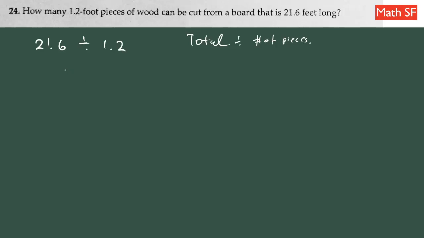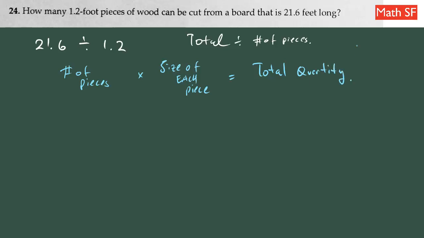The number of pieces times the size of each piece is equal to the total quantity. And if we know that, we will always find out whether we are going to divide or multiply.